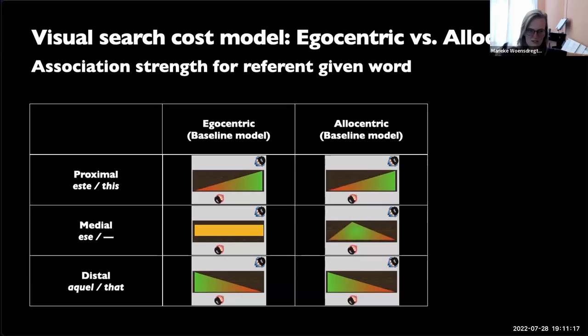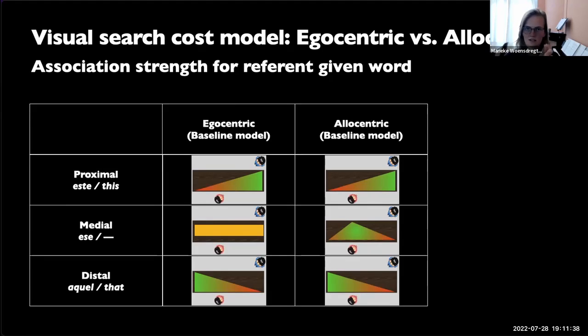So in an egocentric system, you see that the association strength of the proximal term to a referent increases as the referent gets closer to the speaker, whereas the association strength of a distal term, like that, increases as the referent gets further away from the speaker.